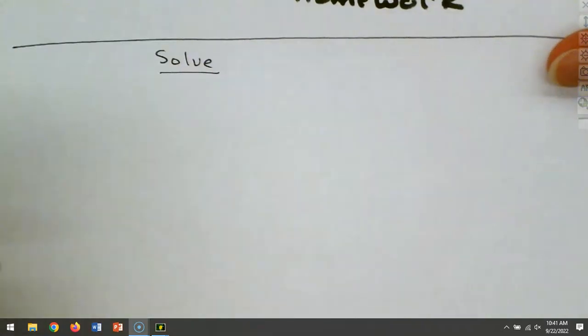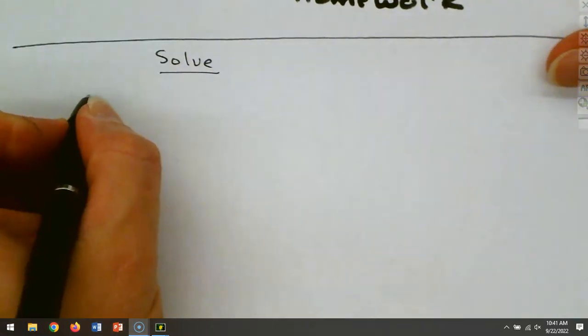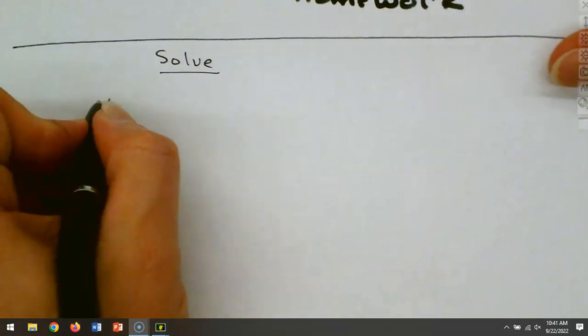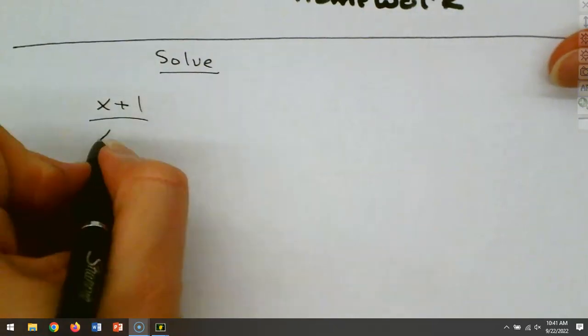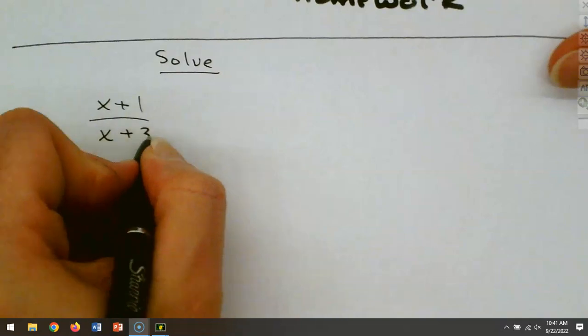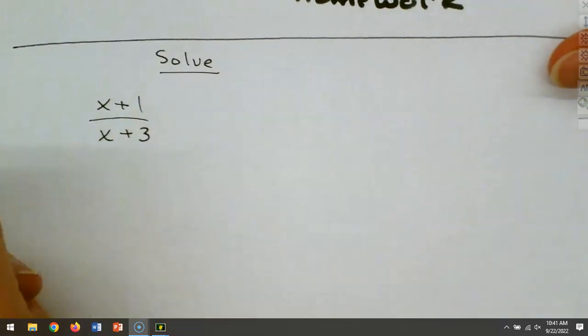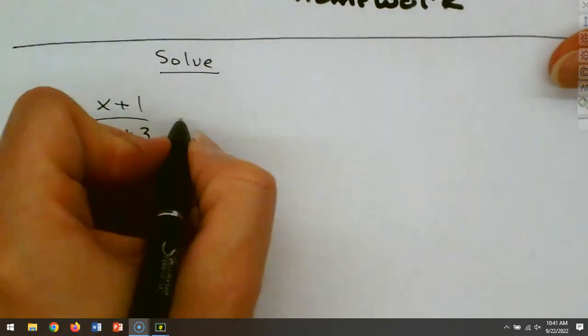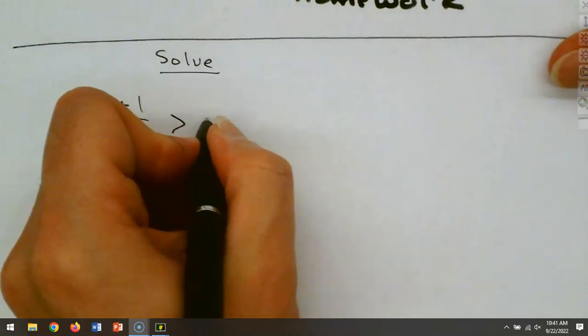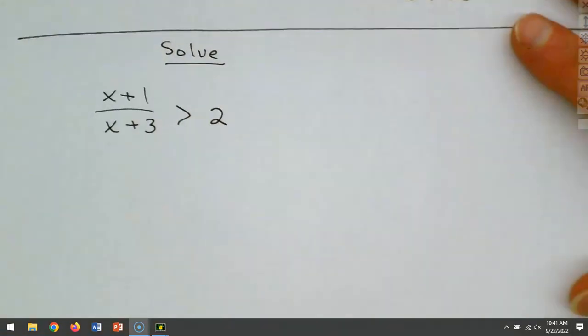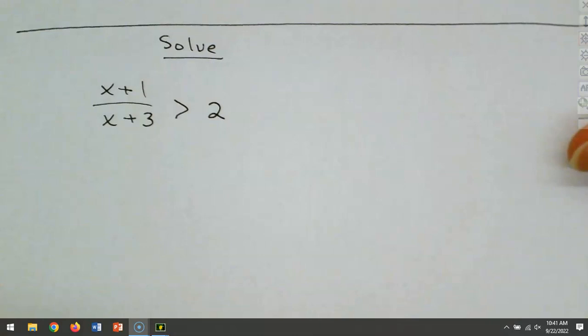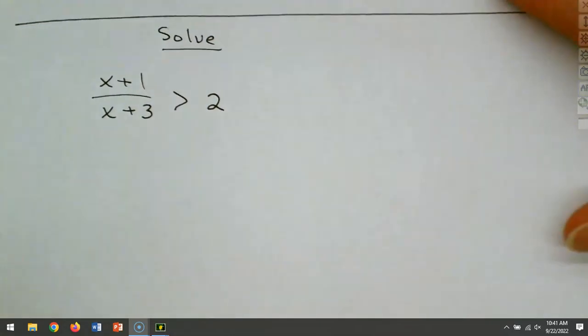Okay, so let's try and solve this one. x plus 1 over x plus 3 is going to be, how about greater than 2? So it's going to be greater than 2. Now, what do we do first?